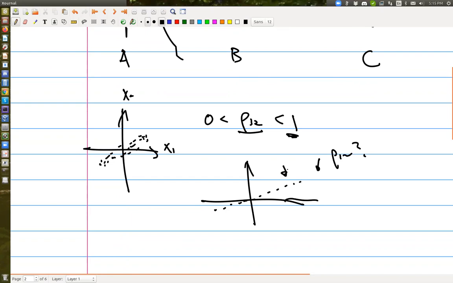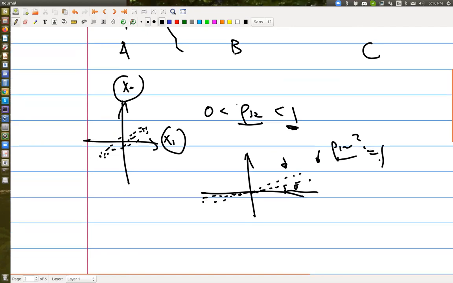Note that the slope here is not important. You can get really infinitely flat, but as long as you have a straight line here, and this angle is bigger than 0, then it will be equal to 1, because one of these variables is basically just an exact scaled value of the other variable. So they are completely correlated.